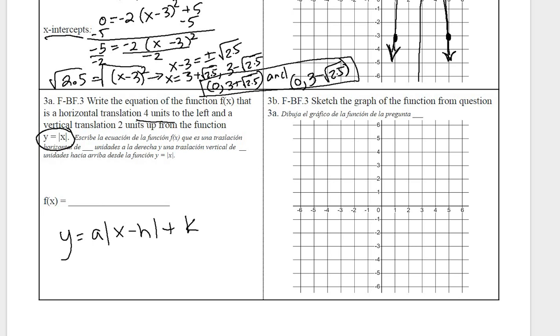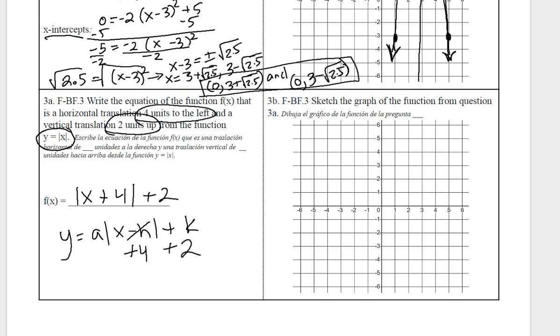It looks like I'm doing 4 units to the left, so this will look like plus 4, because remember the h changes sign. And 2 units up, so k is going to be plus 2. I don't have any information about a except that I'm starting with y as the absolute value of x, so a must be 1. So f of x is going to equal the absolute value of (x plus 4) and then plus 2.